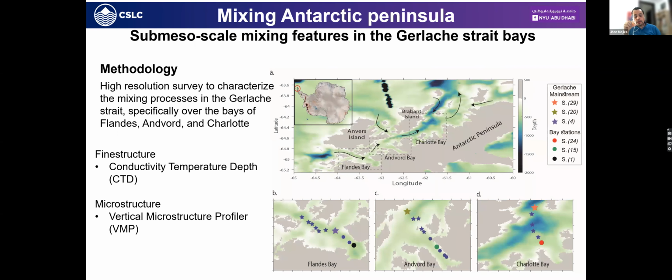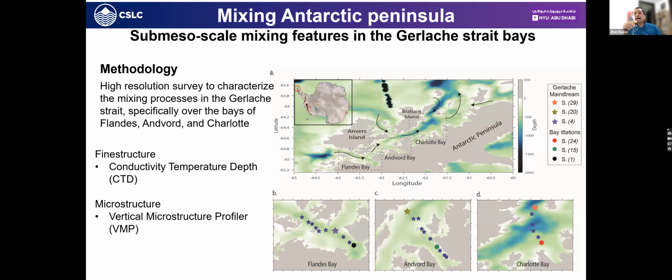As a group, we got the opportunity to participate in the Antarctic Colombian expedition from December 2018 until January 2019, where we planned a high-resolution survey based on the equipment we had. In this case, to record ocean fine structure, we used a conventional CTD.